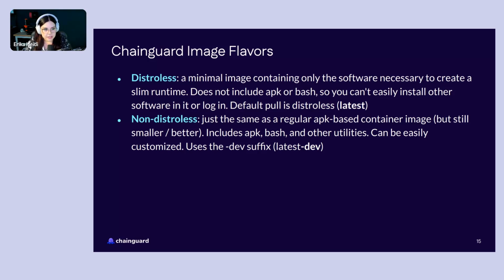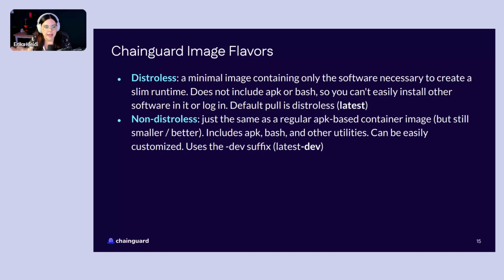So the non-distroless image contains APK, bash, and other utilities. You can install anything you want that is available in Wolfi, because these are Wolfi-based images. Any package that is available in the Wolfi repositories, you can install on the non-distroless image. These images are identified by the dev suffix.